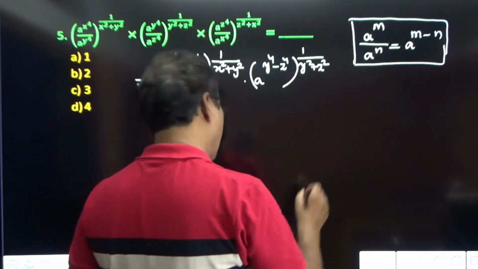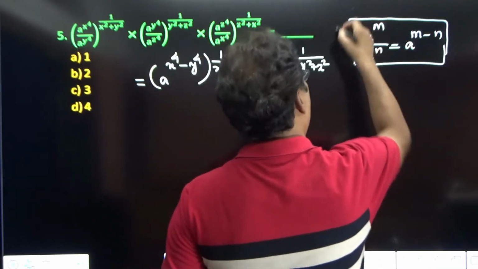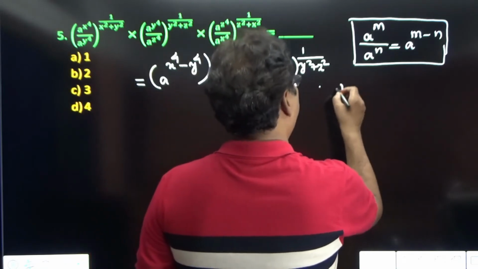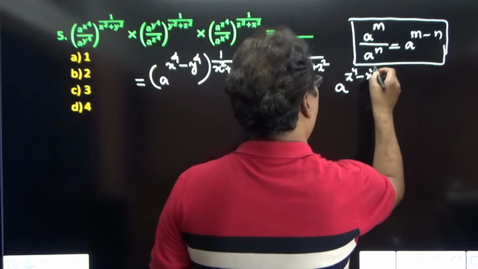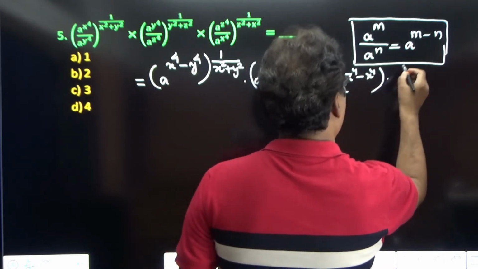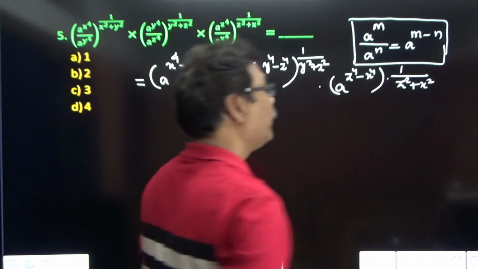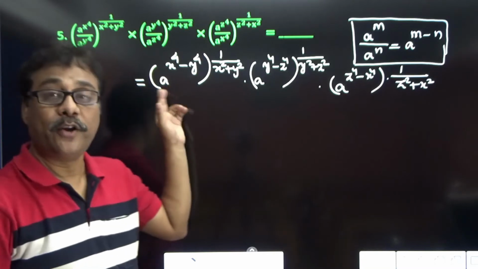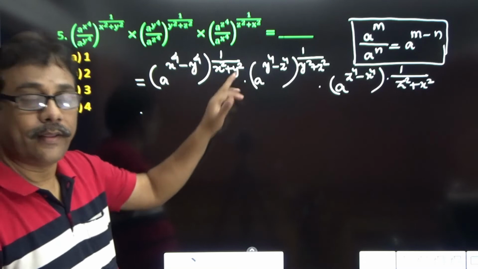And for the last one, what I can do is a^(z⁴ − x⁴) into 1/(z² + x²). So this is what I can write. Now the question is, what can be done next? (a^m)^n.